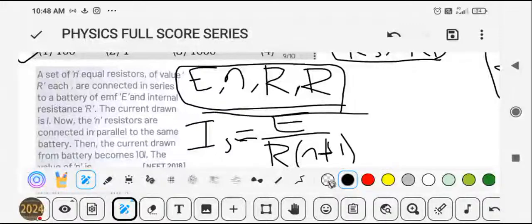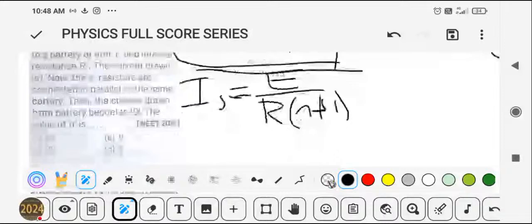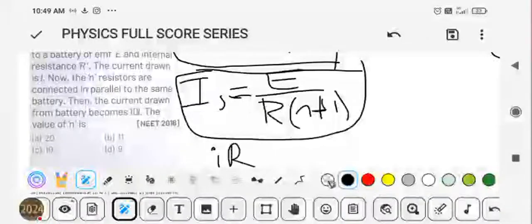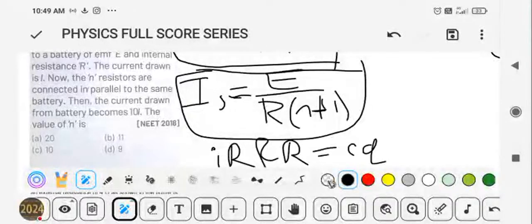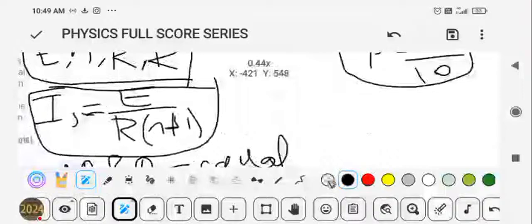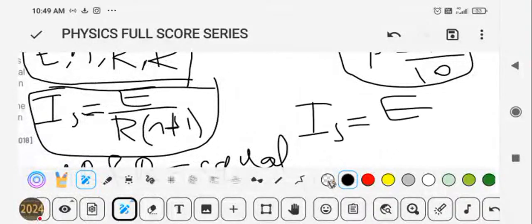This is applicable if the internal resistance and the resistance are equal. If both are different, then what happens? The series current is given by Is is equal to E by (nR plus r).